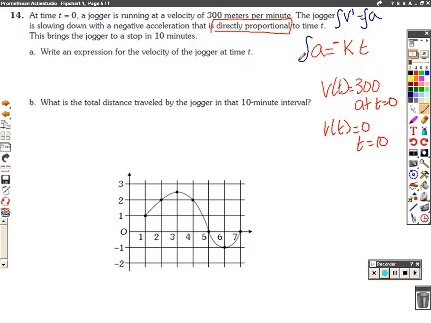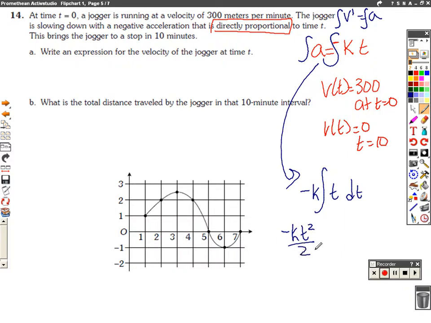If I'm going to take the integral of a number times t, I can take that number out, t dt, and you get negative k t squared over 2 plus c. That would be our expression for our velocity, right?